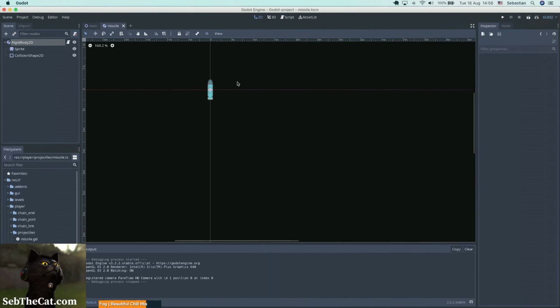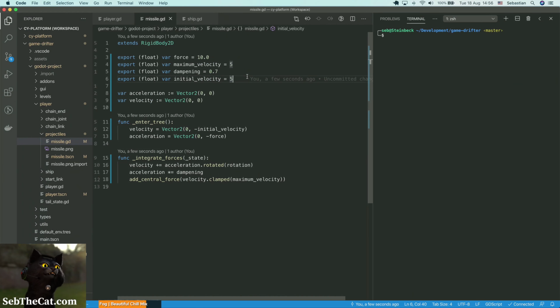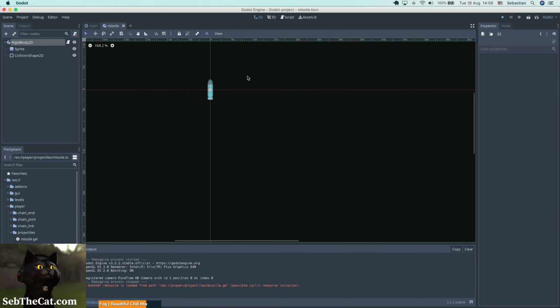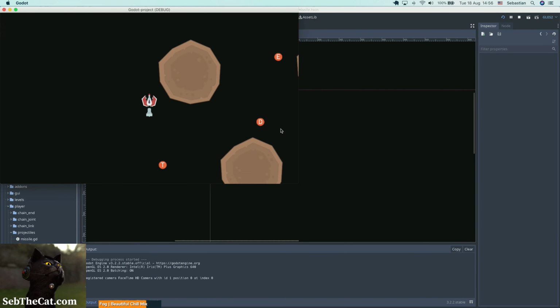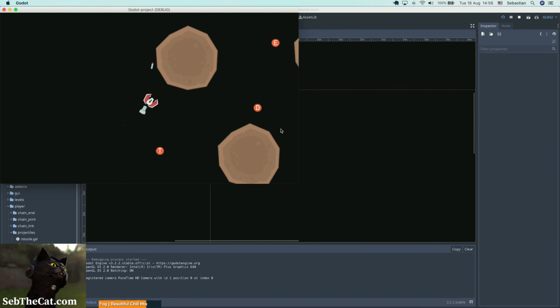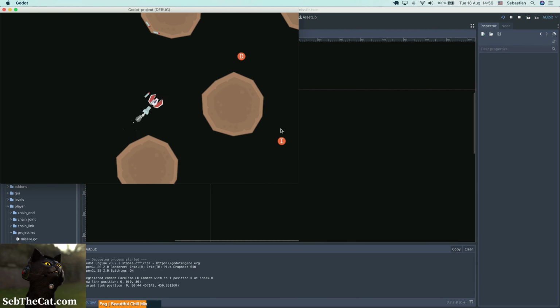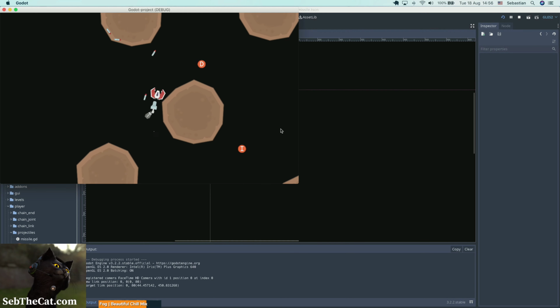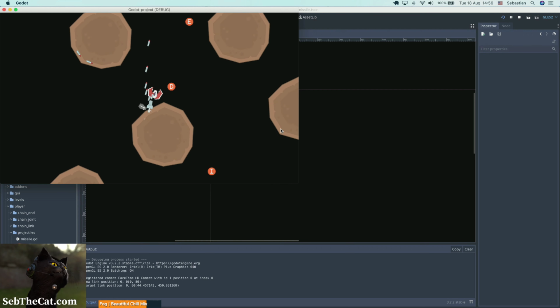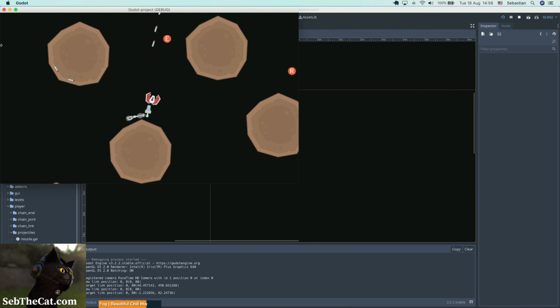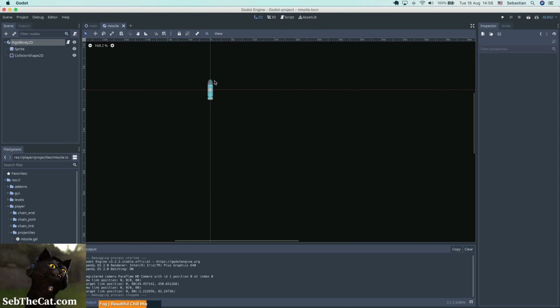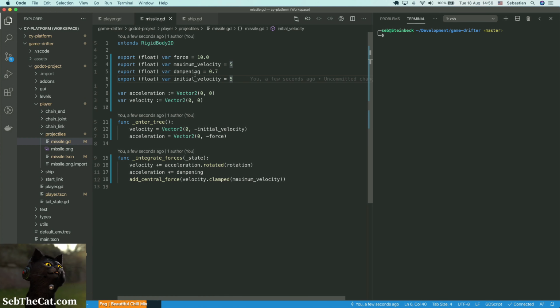Fine. It's not velocity though, is it? Yeah, sorry, that was from before. So really all we care about is the force. We don't need the acceleration.